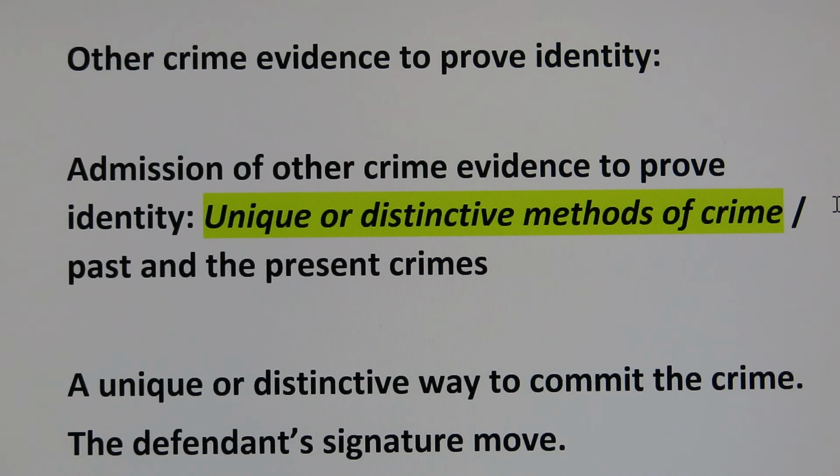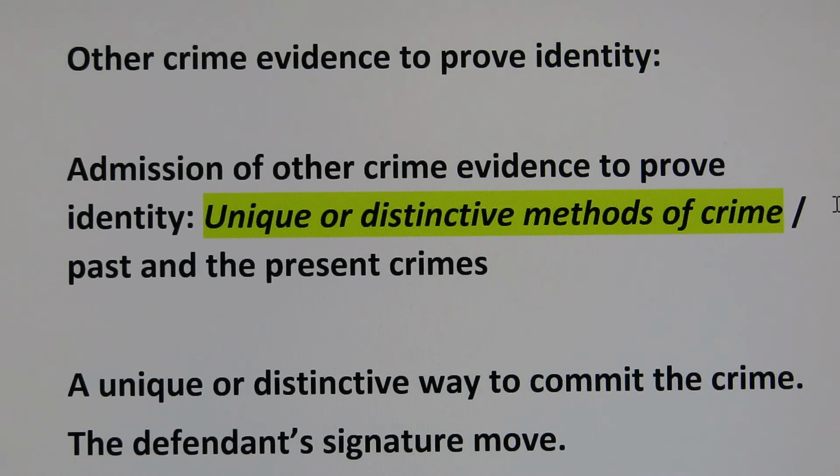If we see someone who committed the crime in this fashion by using this method, we can say this crime most likely was committed by the defendant. That is the requirement.